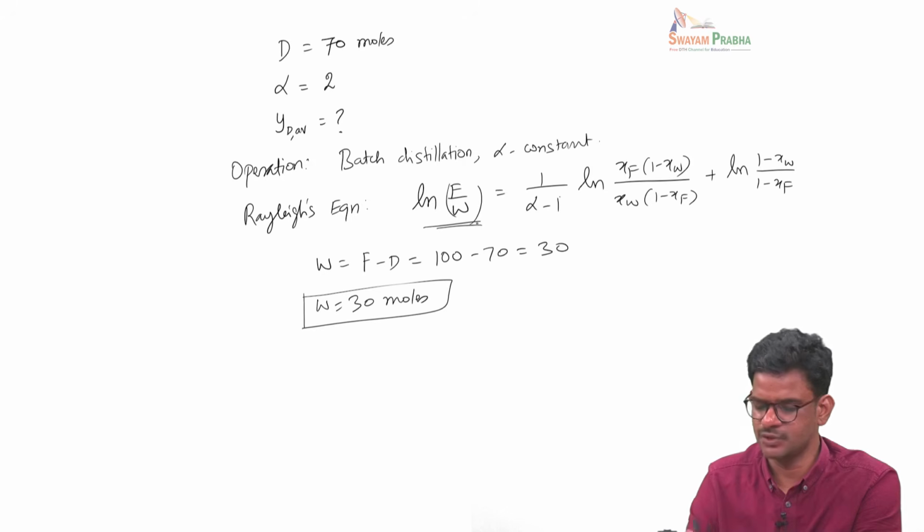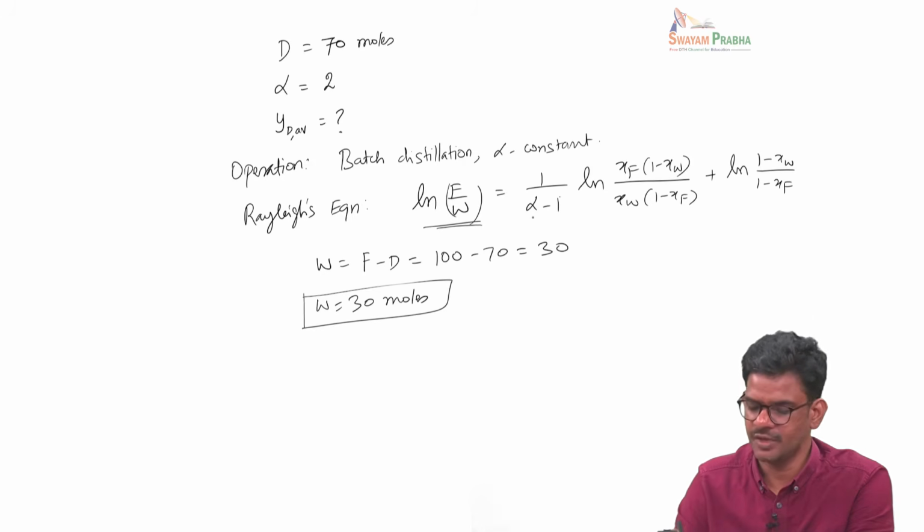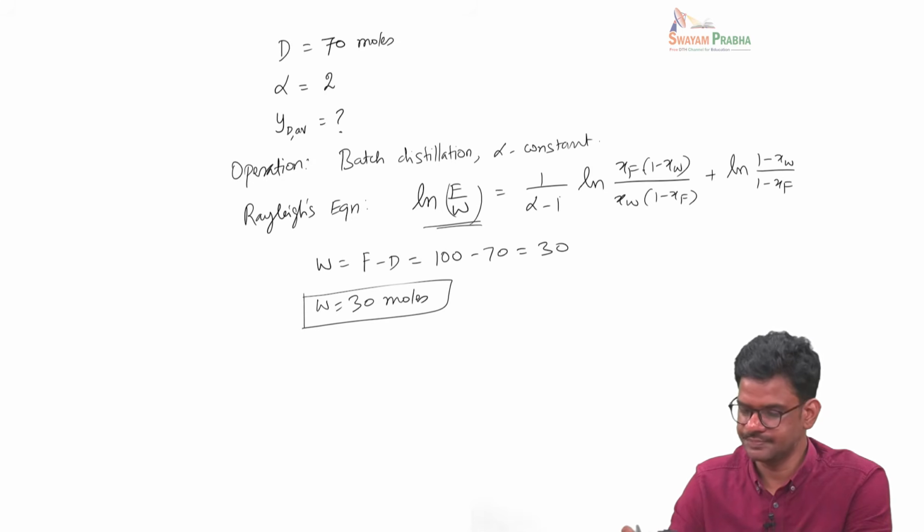So the left hand side is knowable, and on the right hand side alpha is known, XF is known, but we do not know XW. So that is one unknown in this problem.